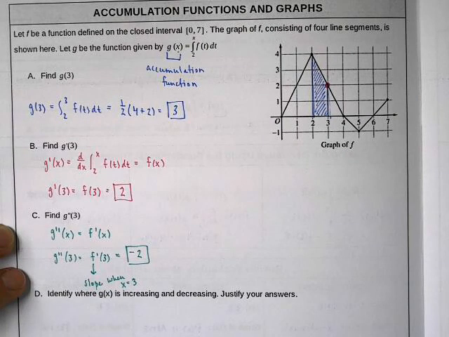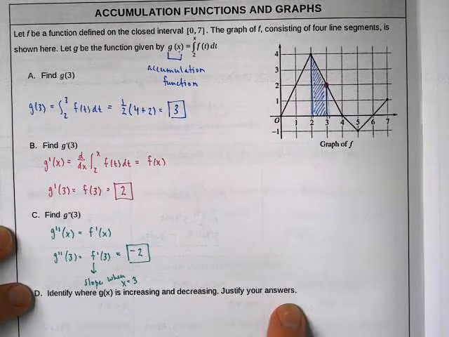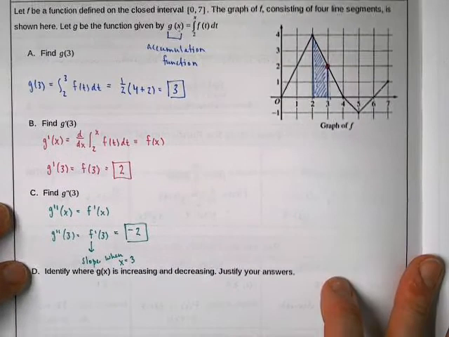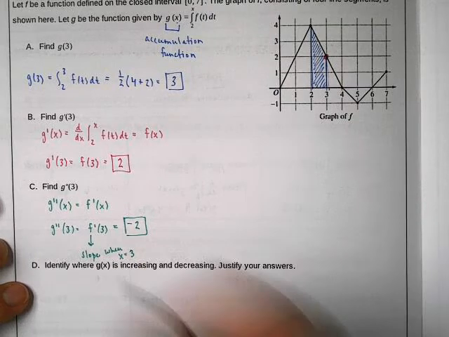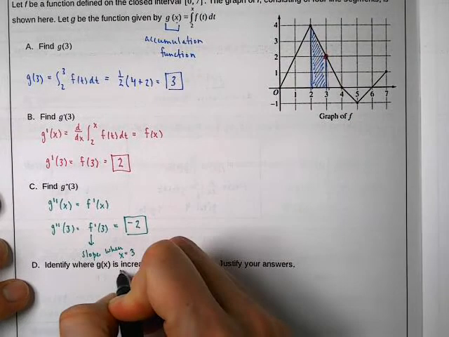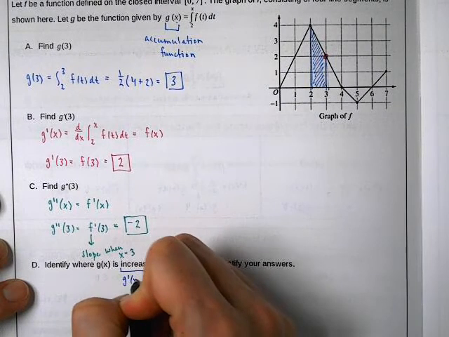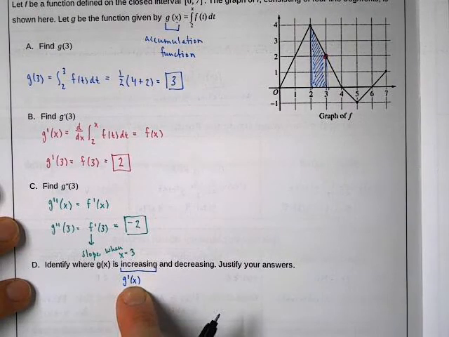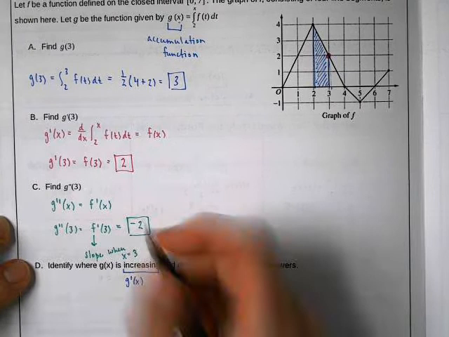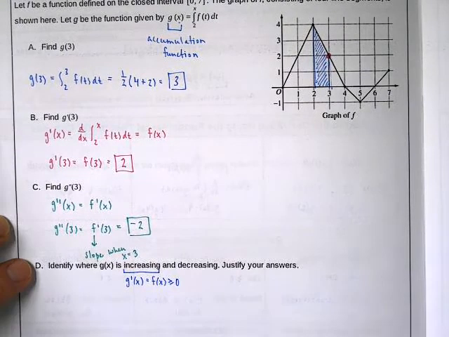So here's where we get into some of the new material. So now it says to identify where g of x is increasing and decreasing and justify your answers. So let's take a look here. So we said that a function is increasing whenever its derivative, g prime of x, which is equal to f of x, is greater than or equal to 0.